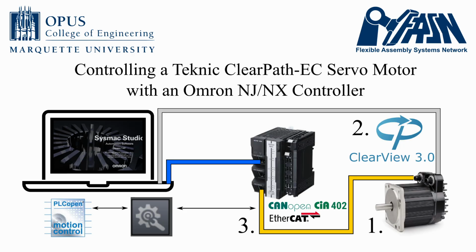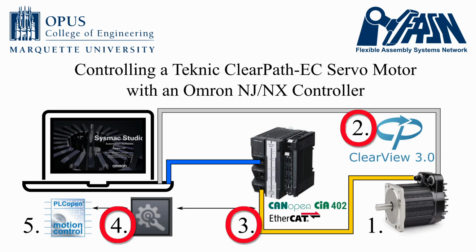Step 3 is the configuration of the EtherCAT communication. This is done within Teknic Studio. Step 4 is the configuration of the axis object, also done within Teknic Studio. And step 5 is writing the application program using the PLCopen motion control instructions, also within Teknic Studio. This video primarily covers steps 2 through 4.